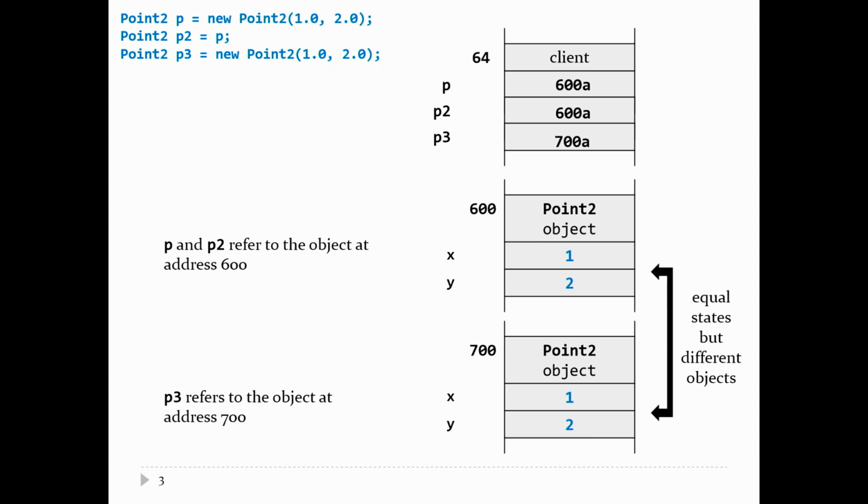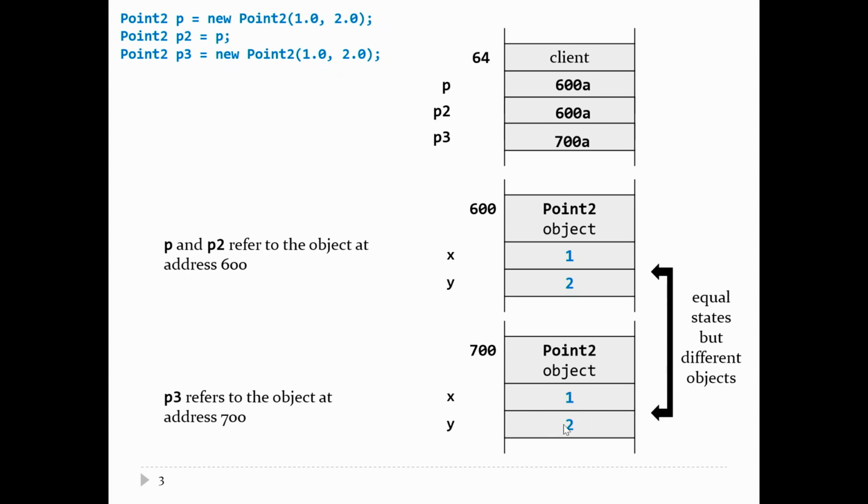So what's going on in memory is the following. Here's p and p2, and here's p3. The first point lives at address 600. The second point lives at address 700. p and p2 both refer to that first object, and p3 refers to the second object.